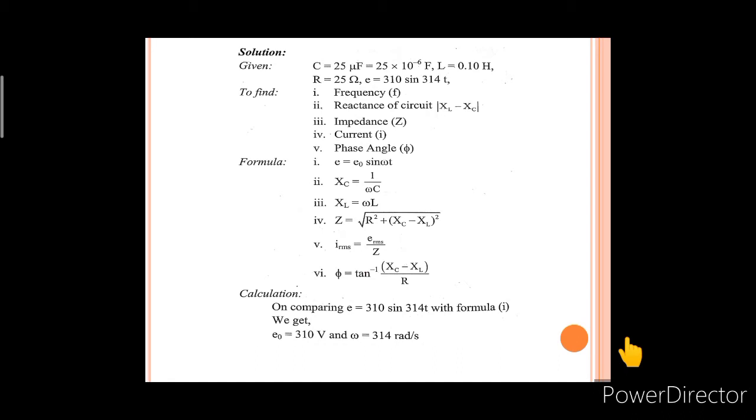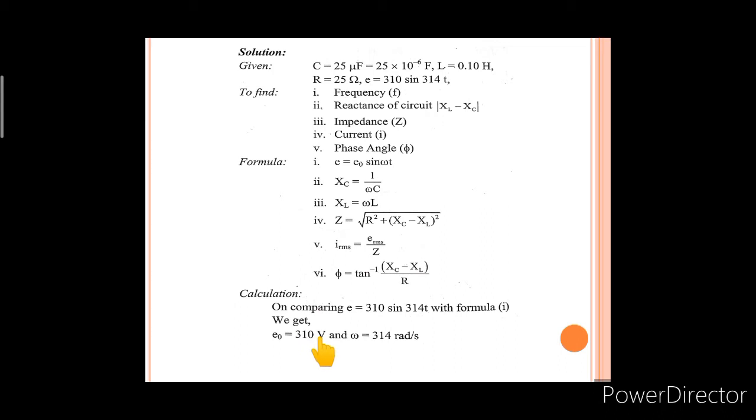Now when we compare the equation E is equal to 310 sine 314 t with the formula E is equal to E0 sine omega t, we can get the value of E0 as 310 volt and omega as 314 radian per second.